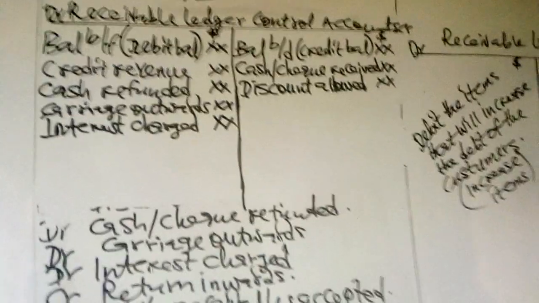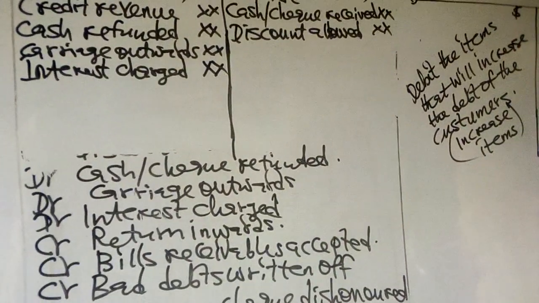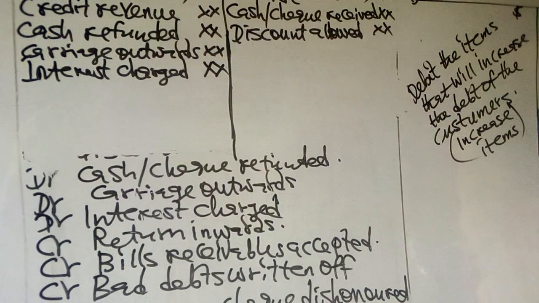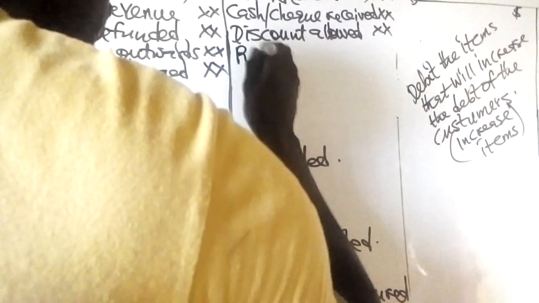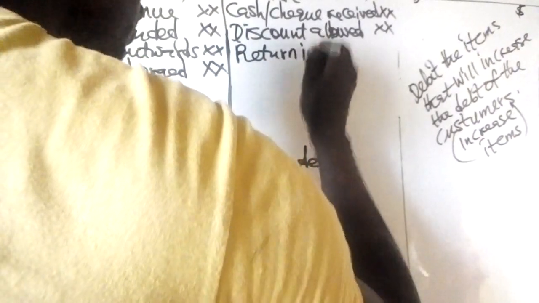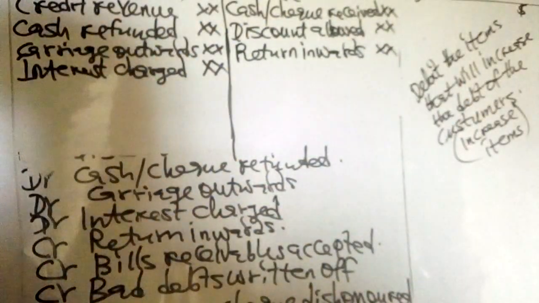Then we have return inwards, when customers return part of the goods to you. If they were owing you $20,000 before and they return goods worth $5,000, the amount they are owing becomes $15,000. Return inwards leads to a reduction, so you credit it since it reduces their indebtedness.